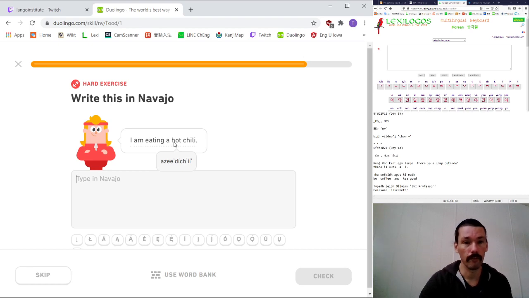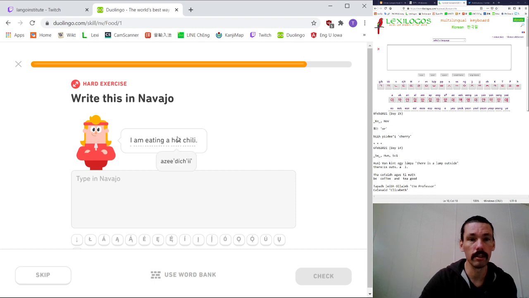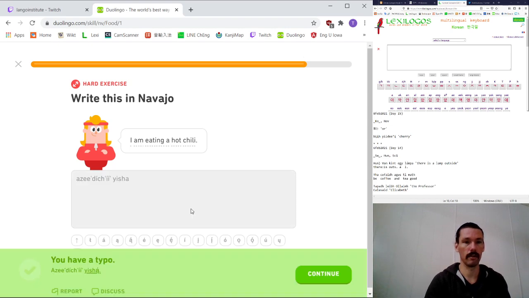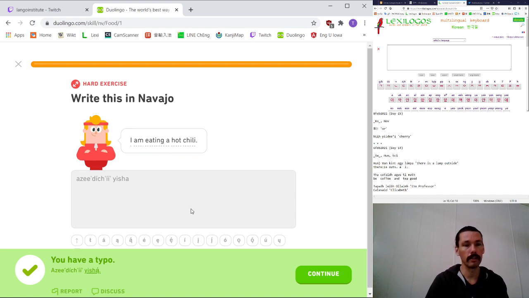Two long vowels with glottal stops. Like that. Yisha. High tone nasalized.